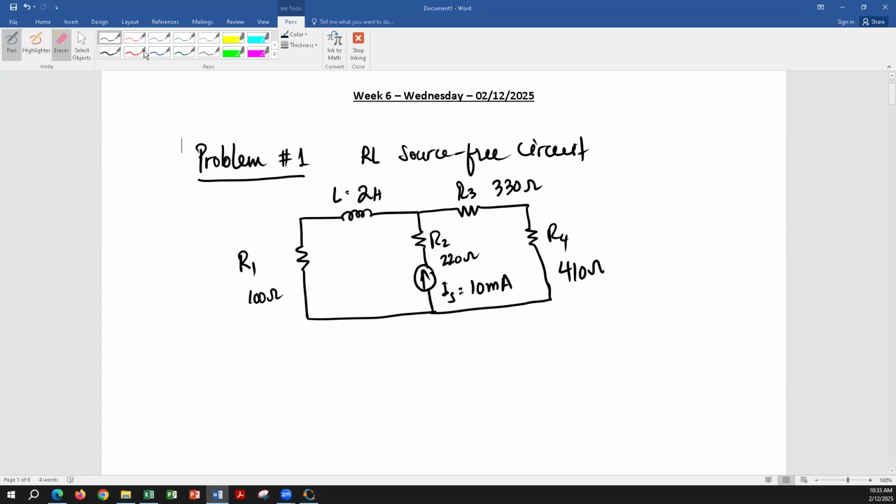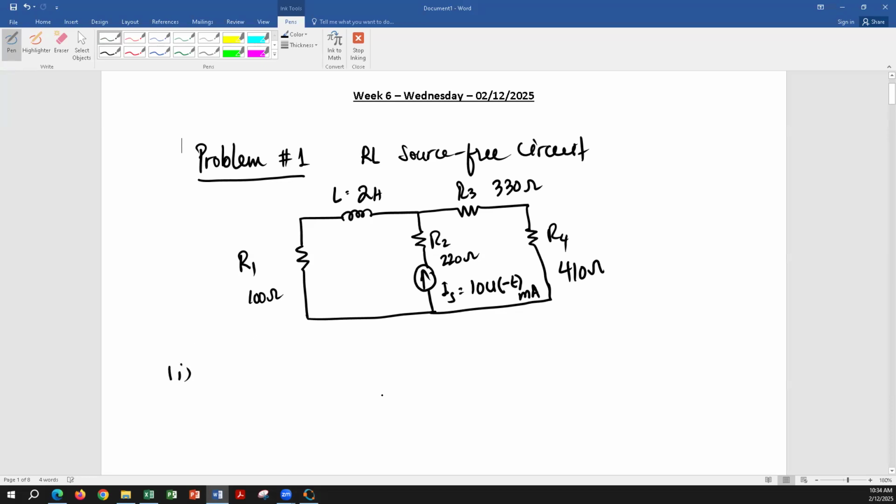And actually, that current source is going to be a step function because we want a source-free circuit. So I'm going to take it 10 u(-t) milliampere.